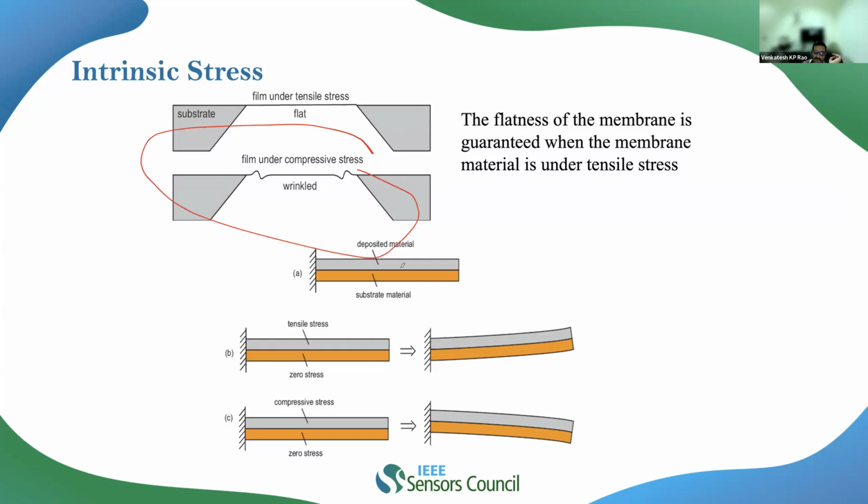For example, let us say that this is my substrate material and this is my deposited material. The substrate material is at zero stress and the deposited material has tensile stresses in it. If tensile stresses are there, then so as to relieve the stresses, it would bend up. On the other hand, if it has compressive stresses induced in it, then so as to relieve the stresses, it will curl down.